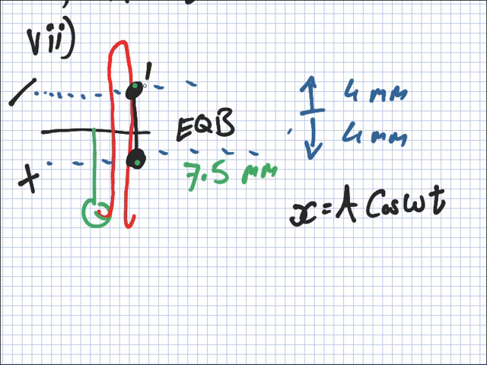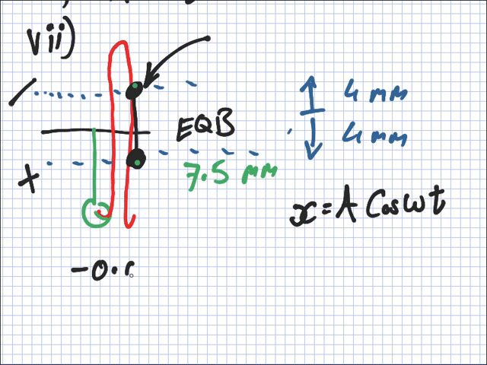So let's look at this time to here. What's the x? Well, the x is minus 0.004. What's the a? The a is 0.0075. And then we have cos omega t. Let me just write it over here, more space.